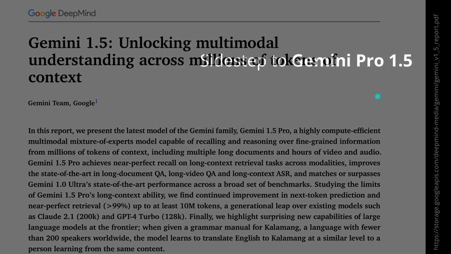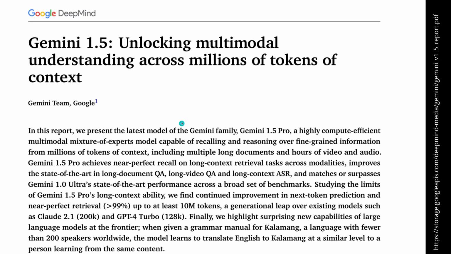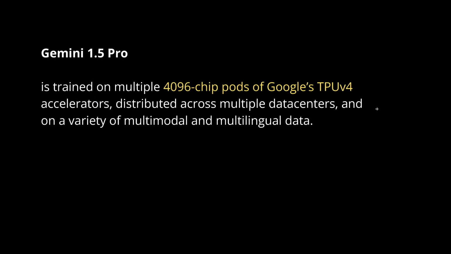Isn't this beautiful? So, a short sidestep to Gemini Pro 1.5, because I have to tell you, if you look here at the technical paper, here you have the report, the PDF link, go there, really interesting to read. Of course, I have to tell you, Google has resources, amazing. They officially state here that they trained the 1.5 Pro on a multitude of 4,096 chip pods of Google TPUs.